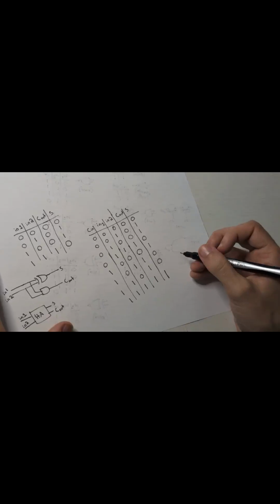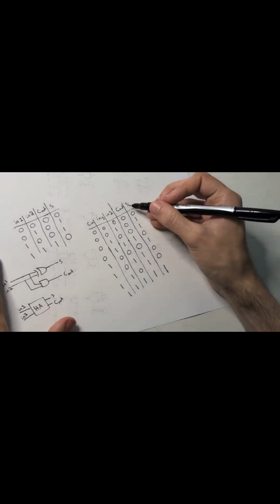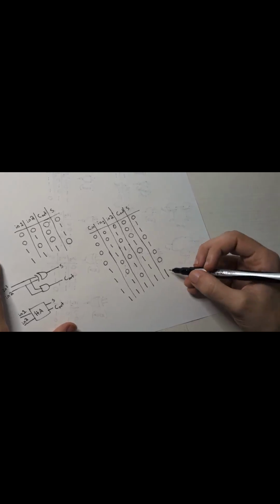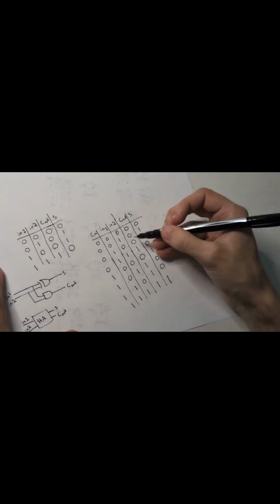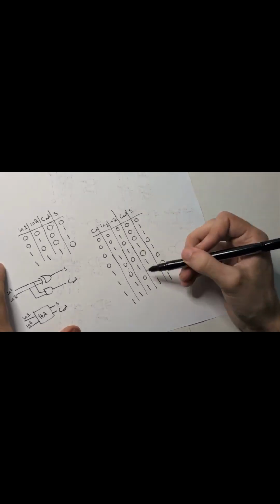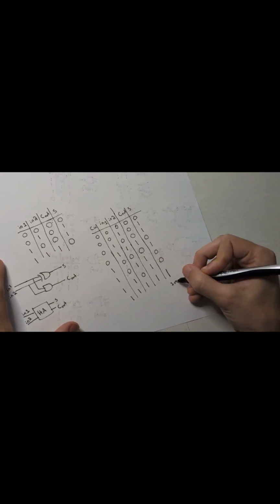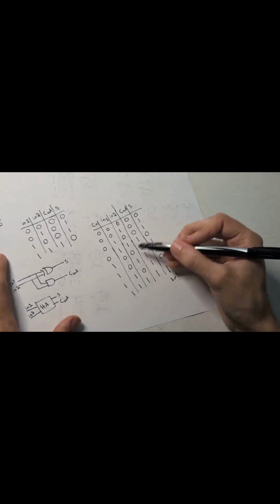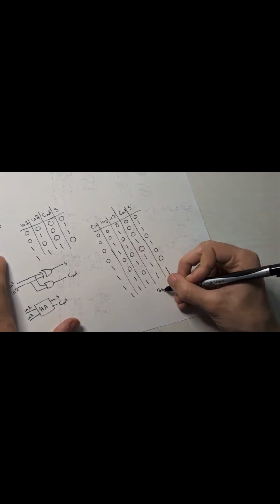What you'll notice here is that the sum is only true if there are 1 or 3 of these that are on. So when one of these is on, or all 3 of them are on. So we could just say 1 or 3 for a quick note here. And the carry out is only true if there are 2 or 3 on.